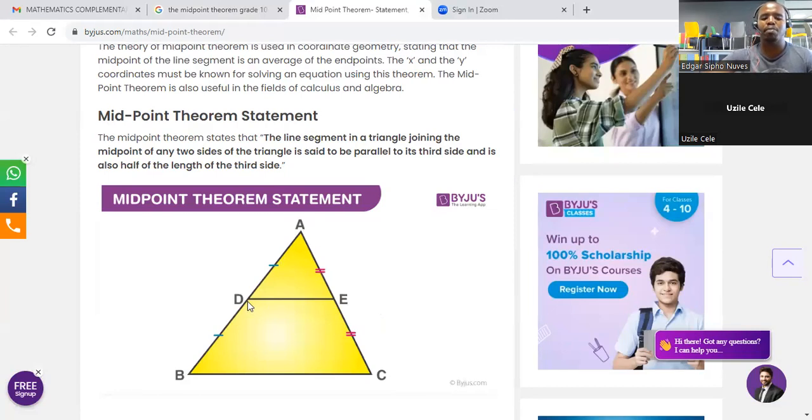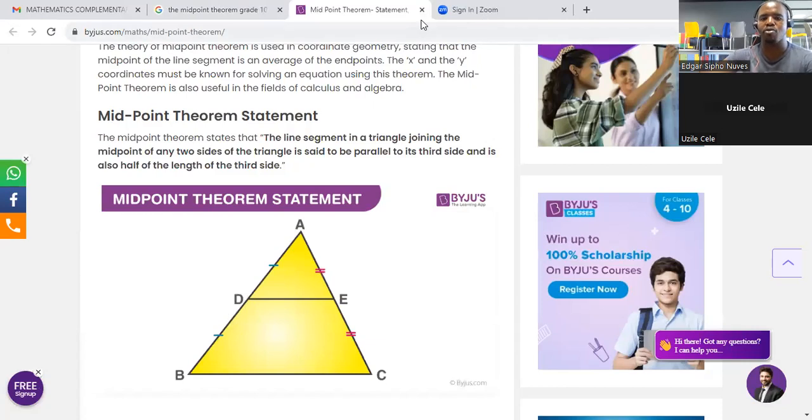Then we make midpoints D and E. Then we draw a line that joins midpoints D and E. The midpoint theorem says that the line that goes through the midpoints will be parallel to the third side, which will be BC, and it will also be half the size. So in other words, this side here, DE, is half the size of BC.